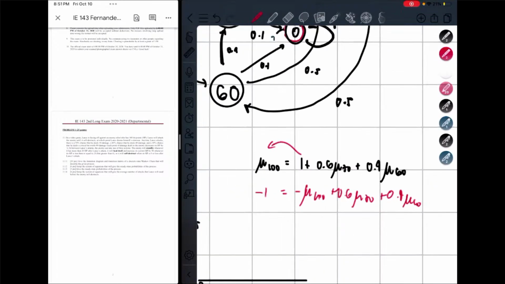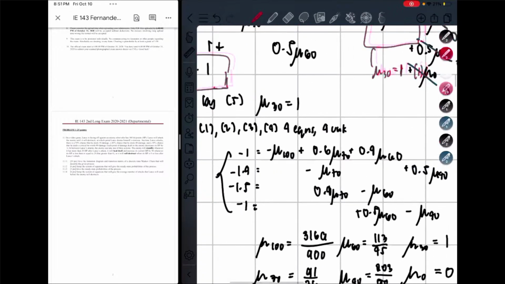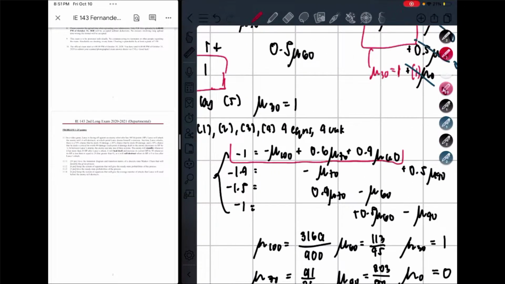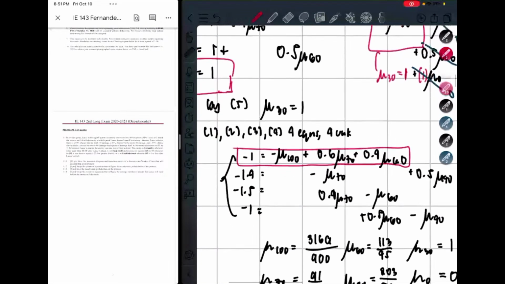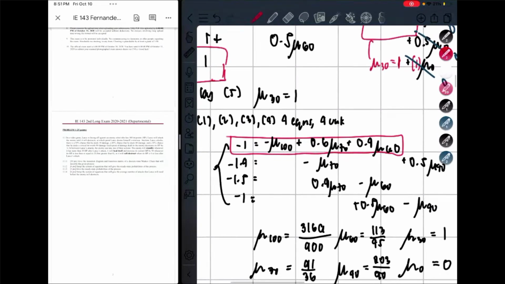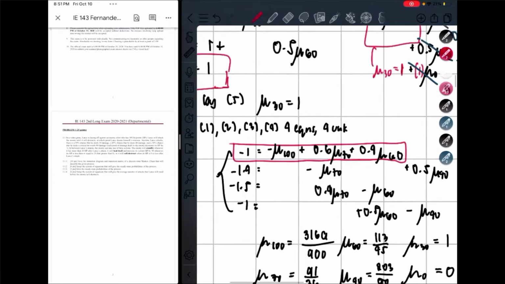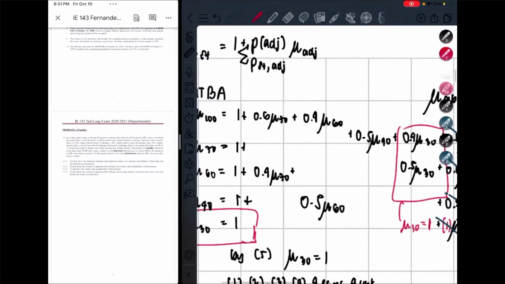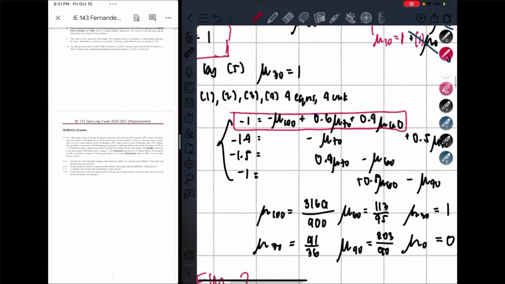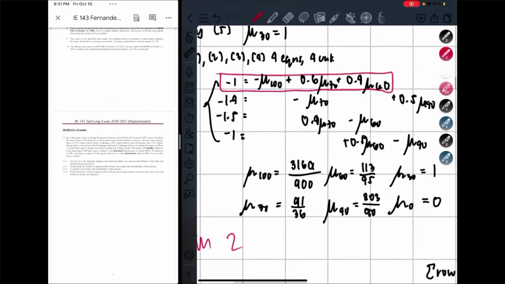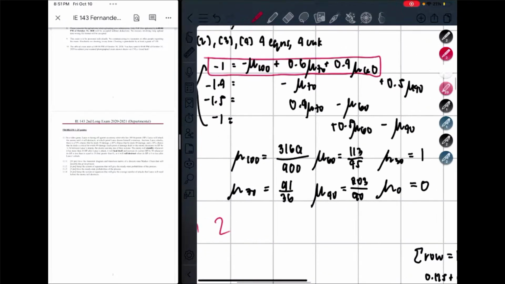So this is just what I did here. Yan. So that's basically how to just set it up, and then I just did the same for the other 4 equations. So this is just like moving it all to one side so you can input it sa calc. Once you solve for this, you will get the following.